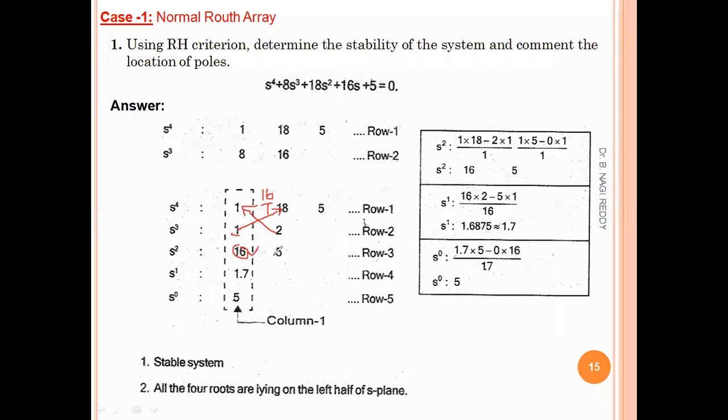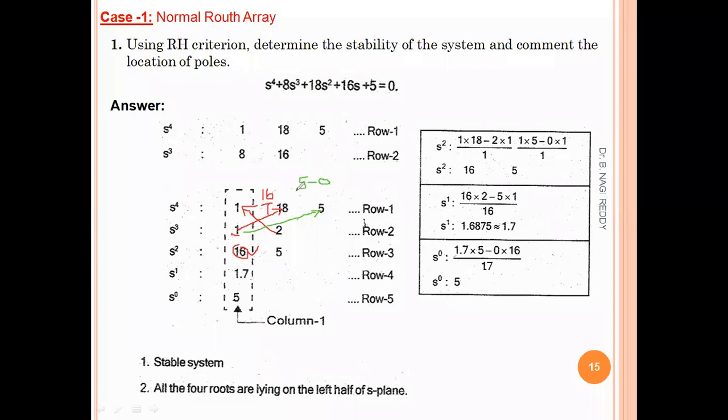And to calculate this term, we simply multiply 1 into 5 according to our Routh construction process. So 1 into 5 is 5 minus, here there is no element or coefficient, so simply it is 0. So 0 into 1 is 0, sorry, not 18, 0 into 1.